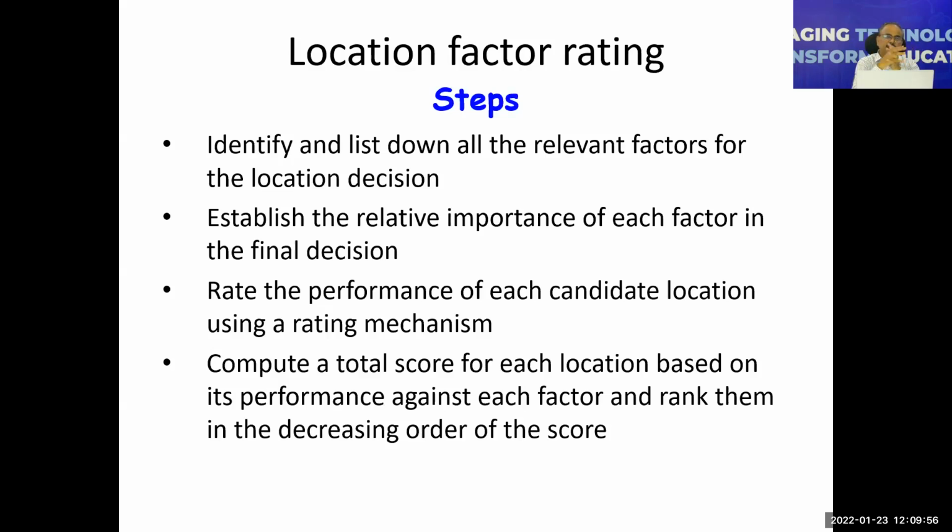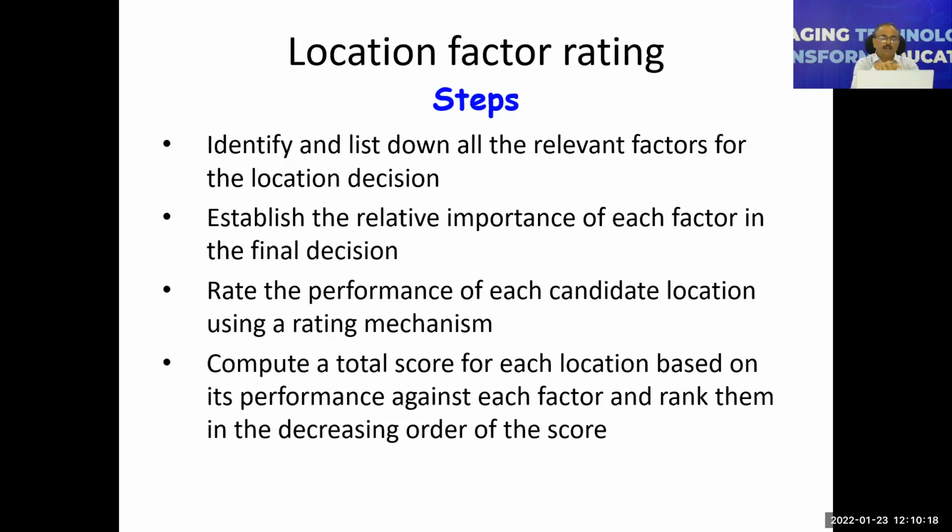We have already discussed that whenever we are looking at a location decision, there are a number of factors involved, and based on the rating of these factors, whichever location gets a higher rating, we can select that location for setting up the factory.